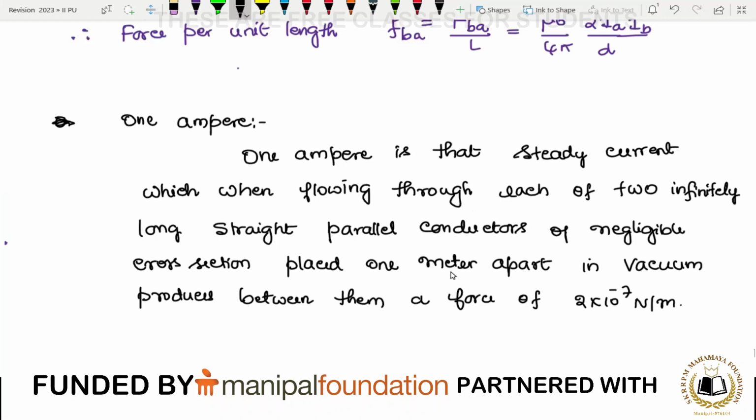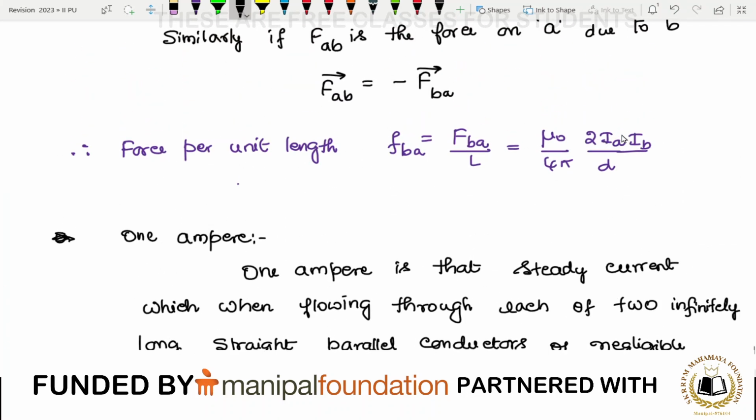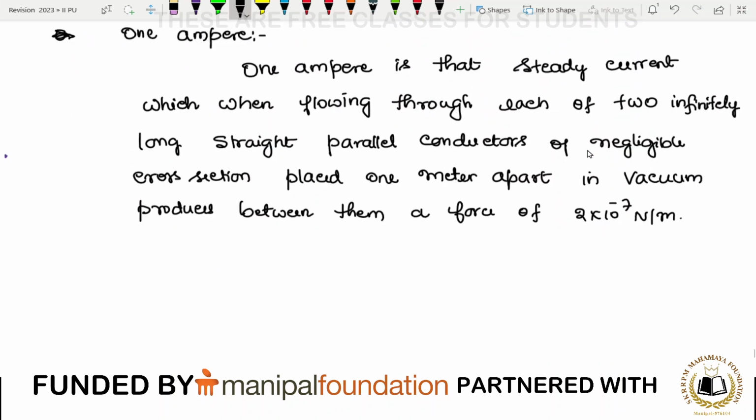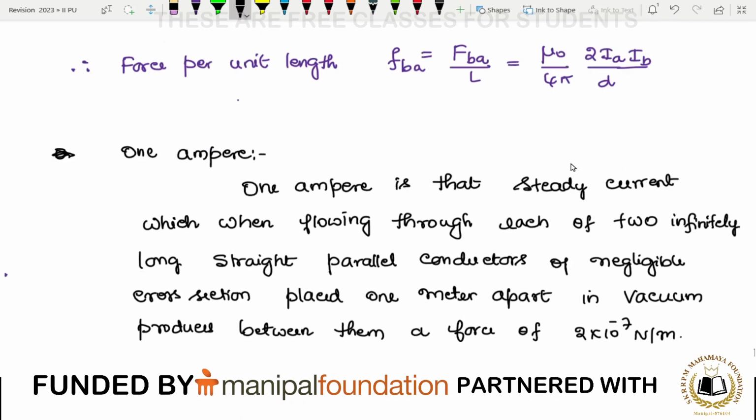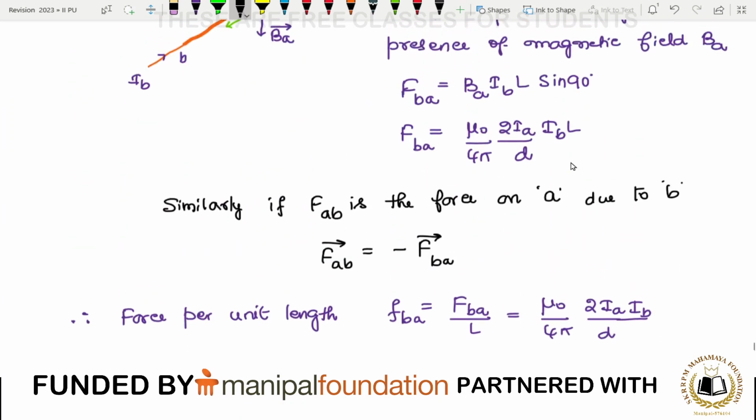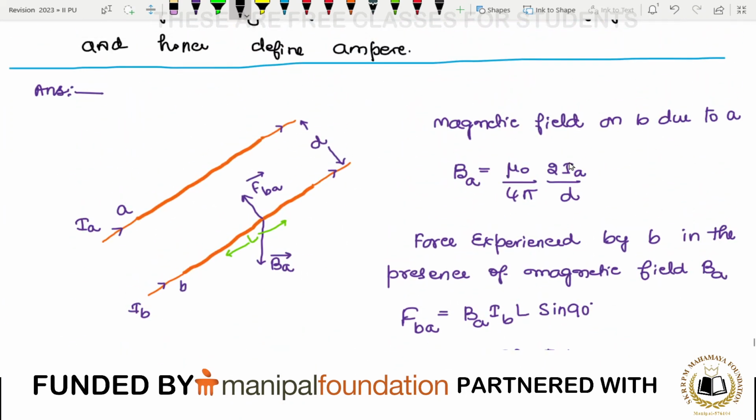This is the definition of 1 ampere. So Ia is 1, Ib is 1, distance is 1, so only this constant remains, mu naught by 4 pi into 2. So the value becomes 2 into 10 power minus 7 Newton per meter. So this is the derivation of force per unit length.